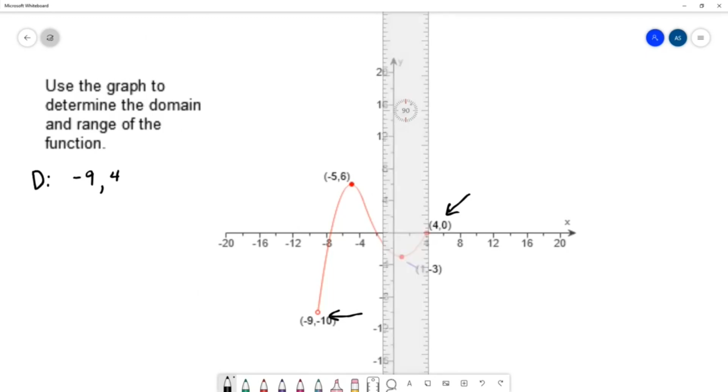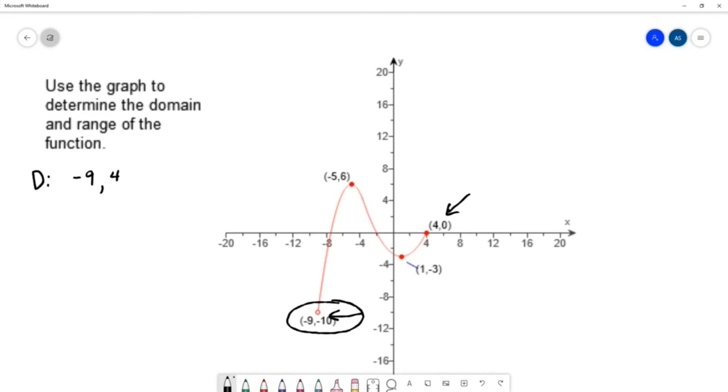Now, interval notation uses parentheses when the number is not included in the set, and brackets when the number is included in the set. So you can see that this ordered pair has an open circle, which means that point is not part of the graph, and -9 should not be part of our domain.